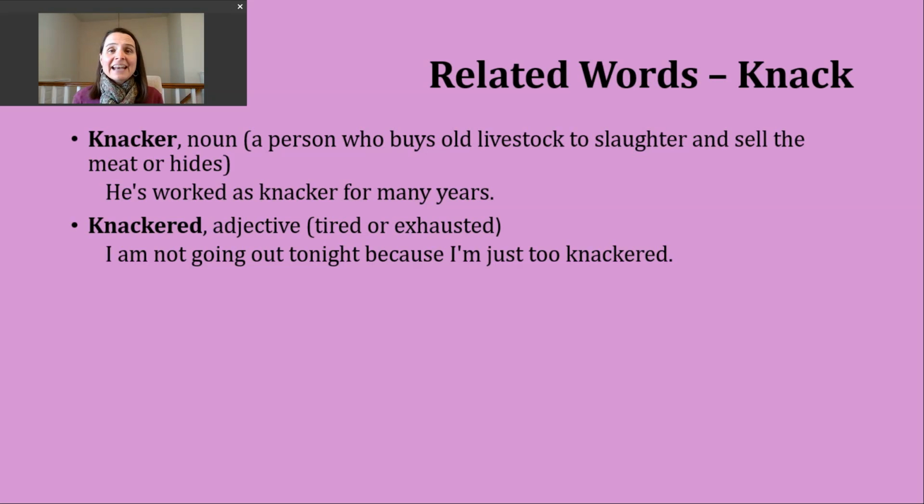And again, this is something you're really only going to find in British English. All of the examples I found came from British newspapers, British magazines. So when knacker is used, it's referring to a person who buys old livestock with the purpose of killing the animals and then selling the meat or the hides. So you might hear someone say he's worked as a knacker for many years.